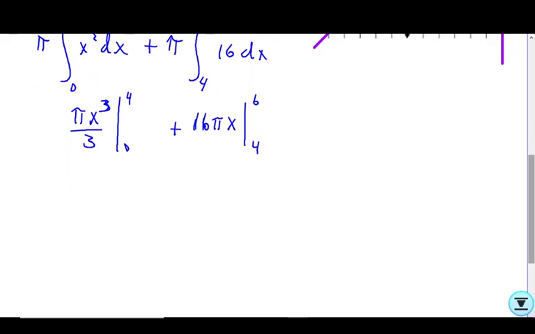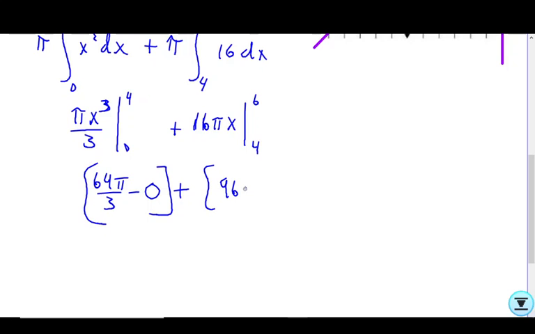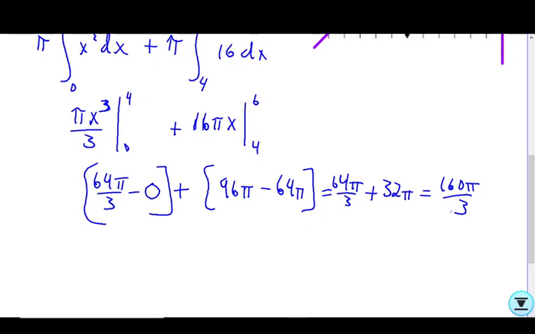Plug in the first one, 4 cubed, so you get 64 pi over 3 minus 0, plus this one, you end up with 96 pi minus 64 pi, which gives you 64 pi over 3 plus 32 pi, which ends up being 160 pi over 3.